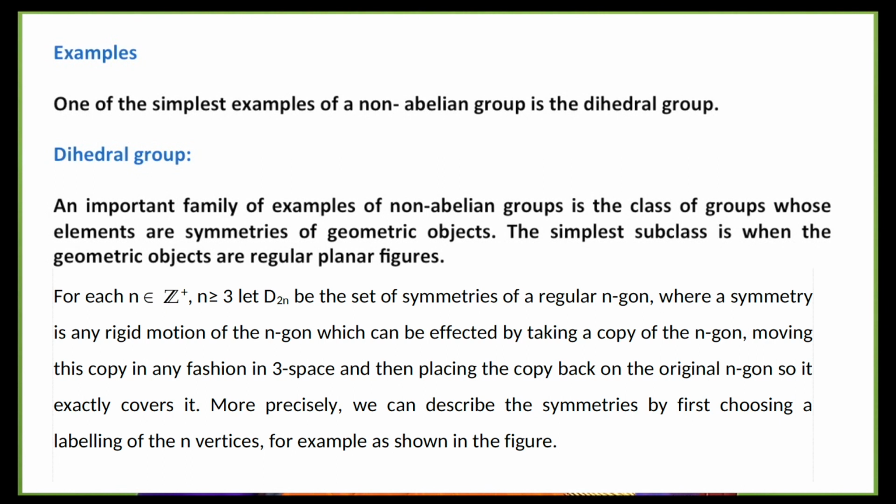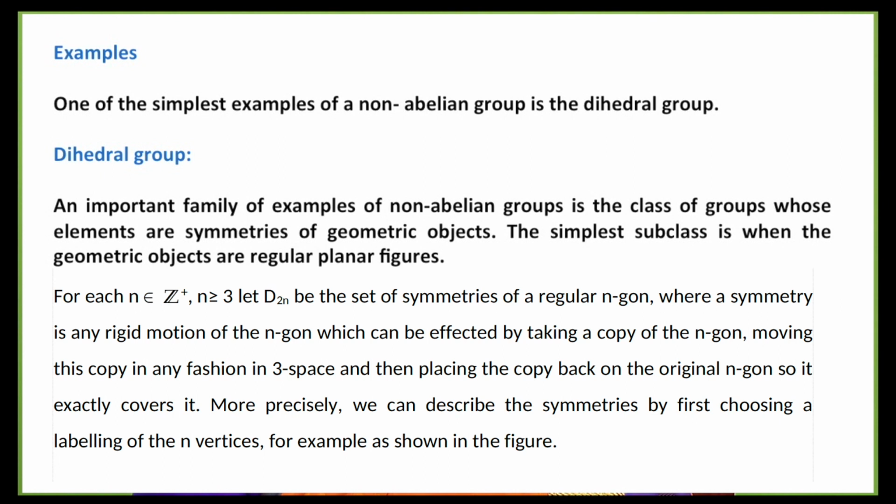An important family of examples of non-Abelian groups is the class of groups whose elements are symmetries of geometric objects. The simplest subclass is when the geometric objects are regular planar figures.